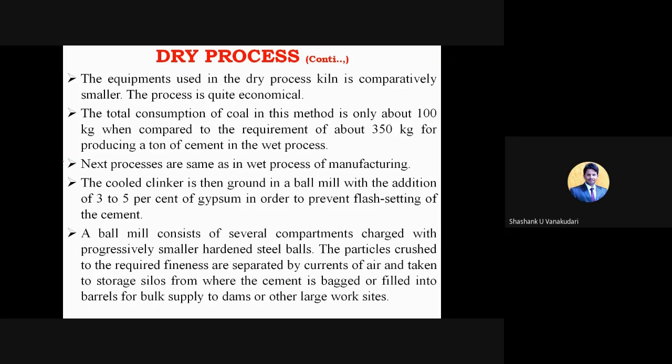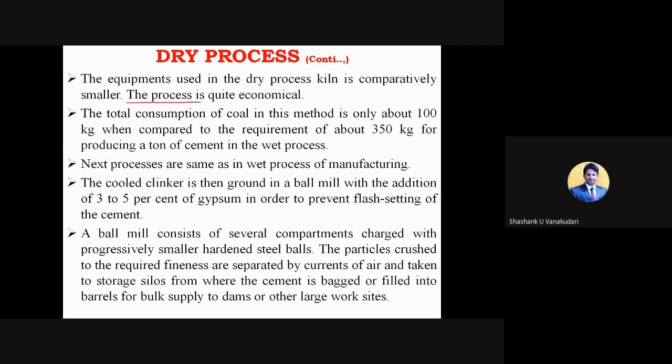The chamber is very small because the material is already in dry powder form, so there is no need for extra energy to bring it to a dry powder state.